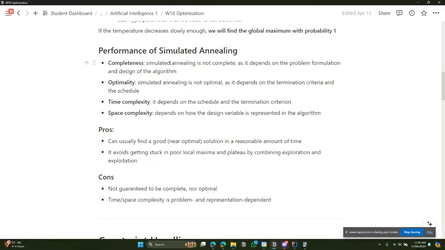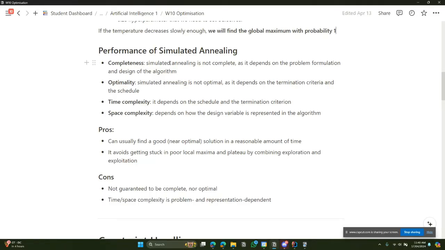Okay, pros and cons. When would you use it? When would you not? So simulated annealing can usually find an optimal or near optimal solution in a reasonable amount of time, again providing that the formulation is good, and it avoids getting stuck in poor local maxima by combining exploration and exploitation. So as we said, we explore first, and we have many solutions that we're concurrently working with at the end of the exploration stage.